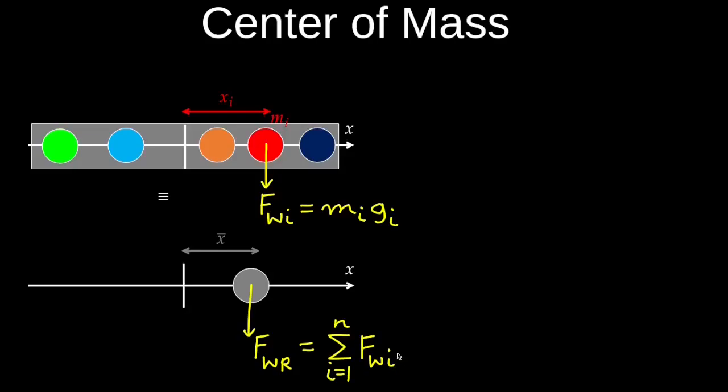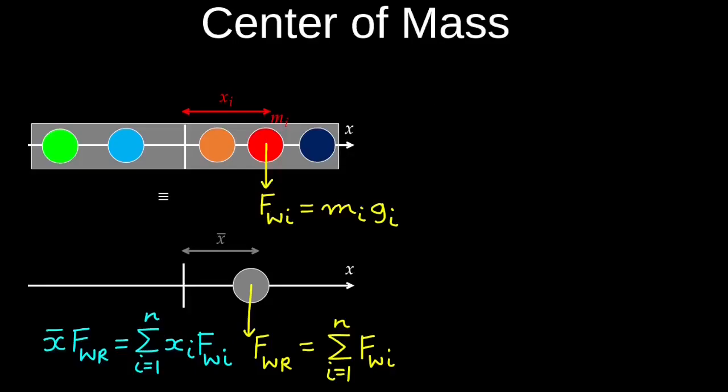And the other condition that needs to be satisfied is that the torque, which is this lever arm from the origin multiplied by the resultant weight, is equal to the sum of the individual perpendicular lever arms from the origin to each mass. So this will become clear when you look at torques.